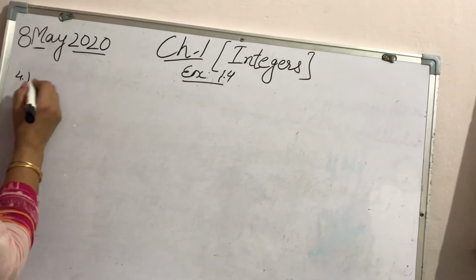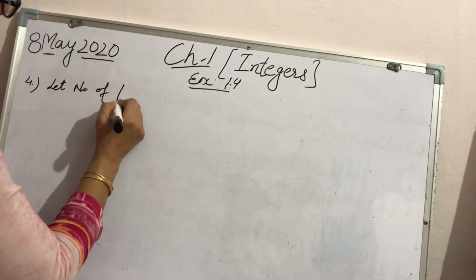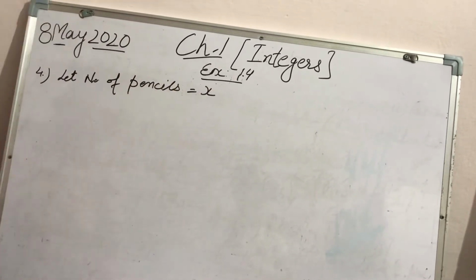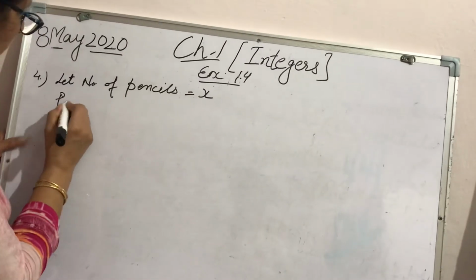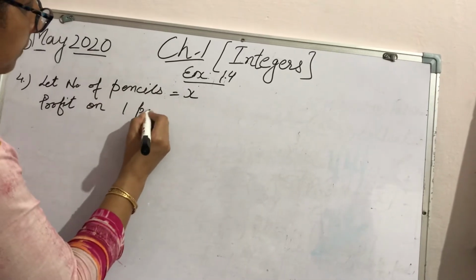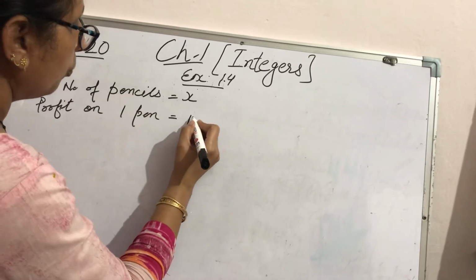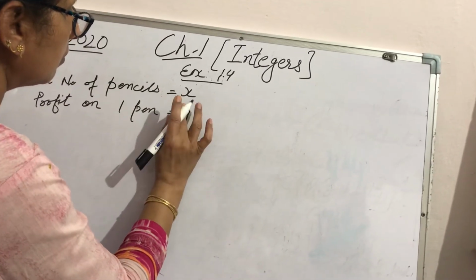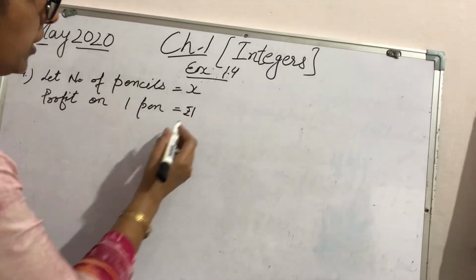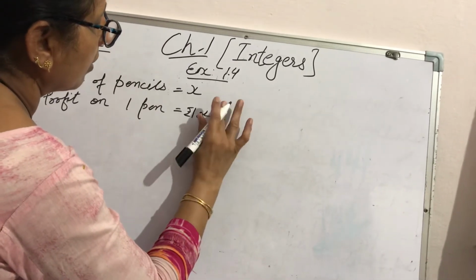So question number 4, let the number of pencils be x. The profit on 1 pen is given as ₹1, but the loss is given in pies, so we can convert rupees into pies.